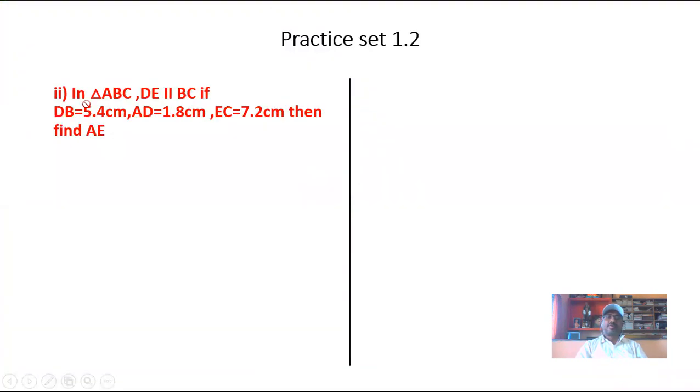Second problem. In triangle ABC, DE is parallel to BC. If DB is equal to 5.4 centimeters, AD is equal to 1.8 centimeters, and AC is equal to 7.2 centimeters, then find AE.